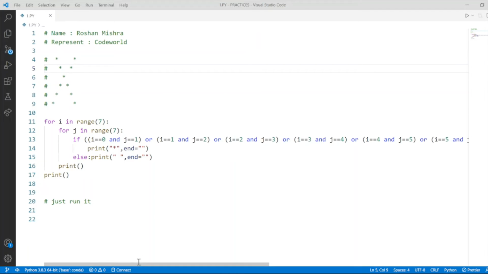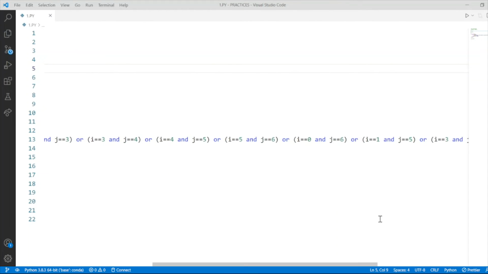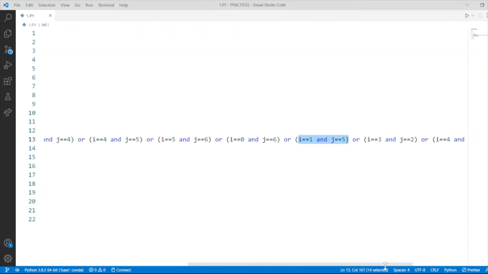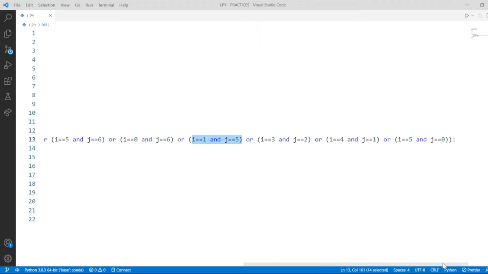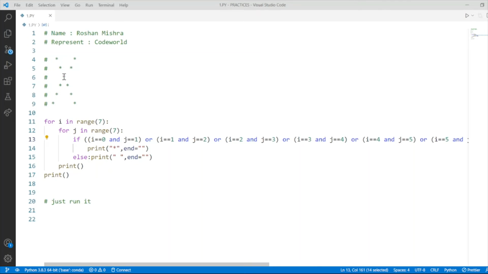So let's see, we discussed that our row should be I equals 1 and J should be 5. Perfect, I equals 1 and J should be 5. And afterward I should be 3 and J should be 2, and after that I equals 4 and J should be 1, and after that I equals 5, J should be 0, means this one, it will print this line.